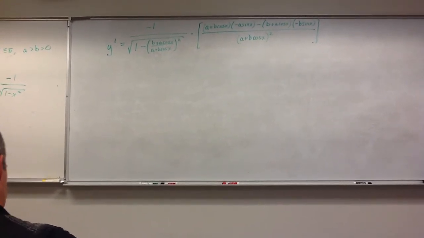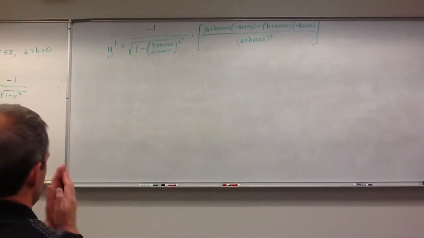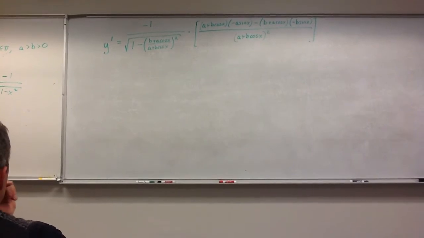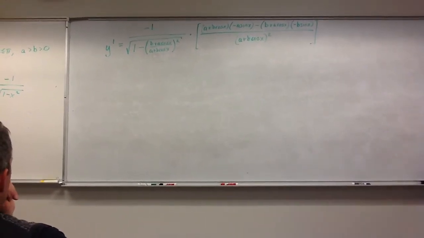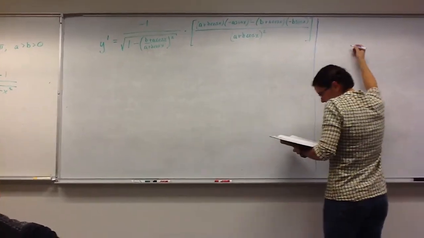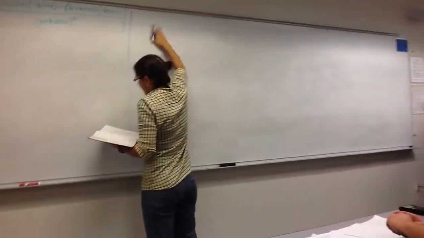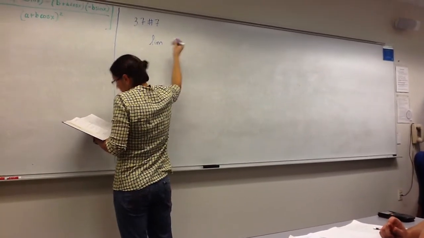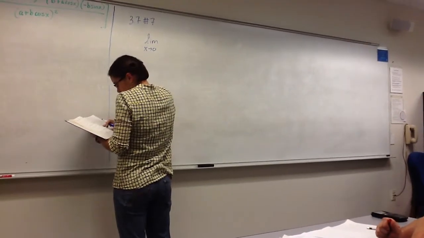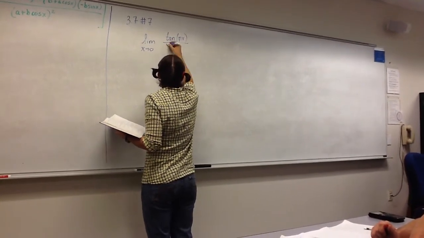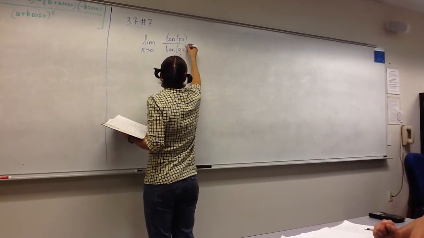Number 7. In 3.7, number 7, we're calculating the limit as x goes to 0 of tangent of p times x over tangent of q times x.